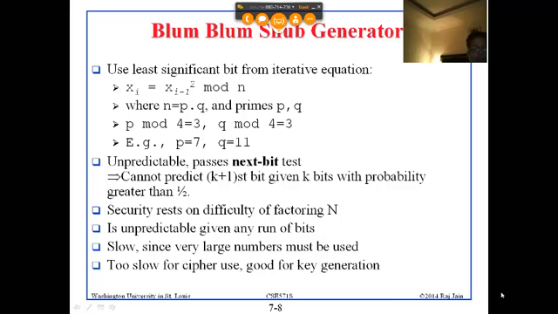You need large numbers that cannot be easily factored. If somebody can factor them, then they can break it. So that's the whole thing: this not only passes the statistical test because it gives you half probability, but it also passes the secrecy test as long as n is secret.